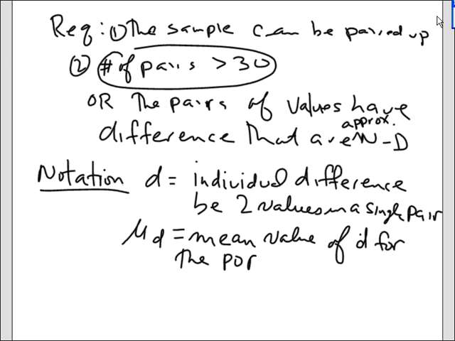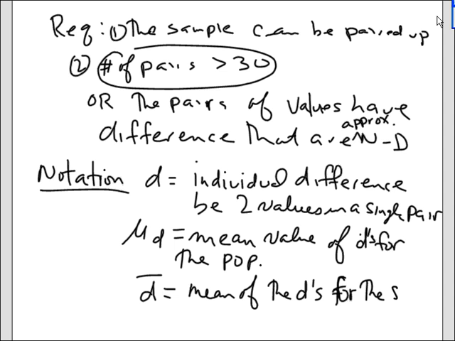Mu has always been the population. Now, D bar is the mean of the D's for the sample.